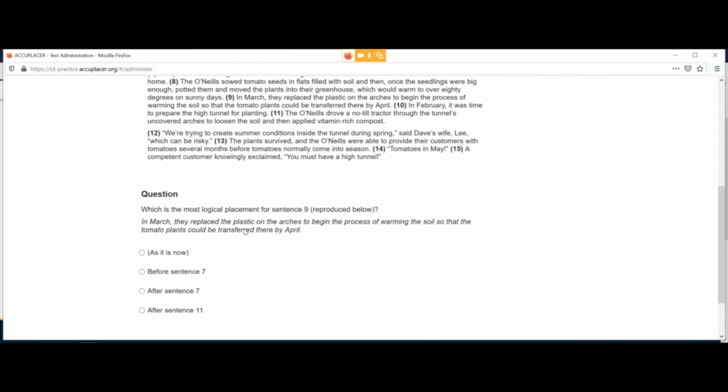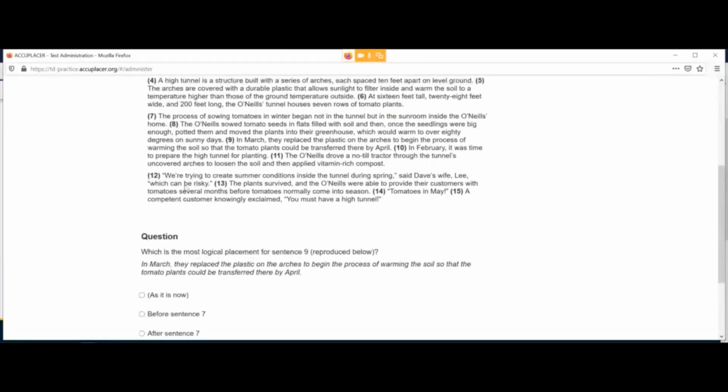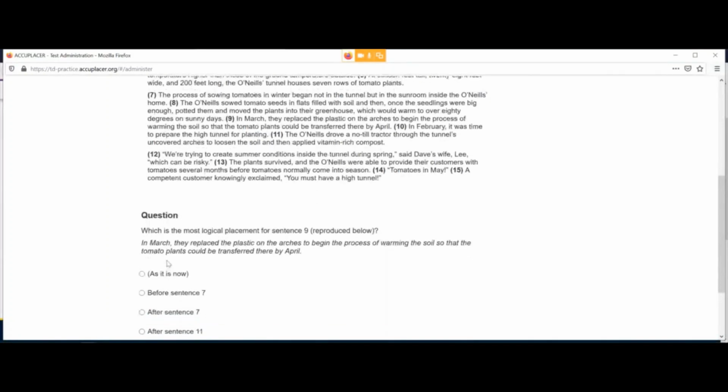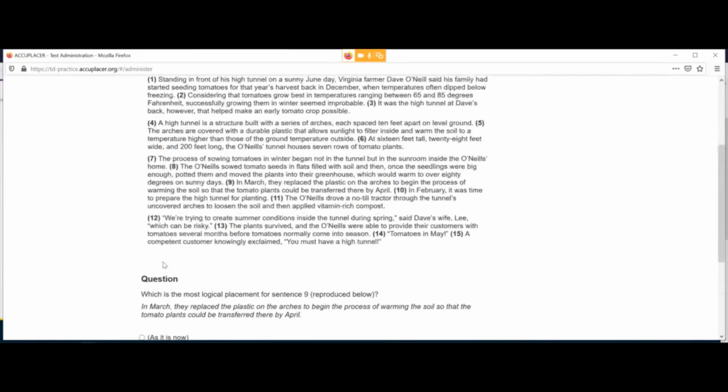And so the deal here is we want to determine where this should be placed. And so if we move back to the paragraph in which sentence 9 occurs, we'll read this passage and again try to make the determination of the correct placement. So I'm going to go ahead and read the paragraph, not the passage.